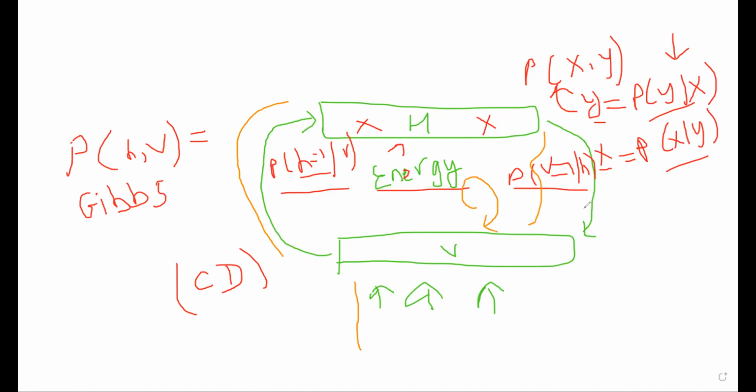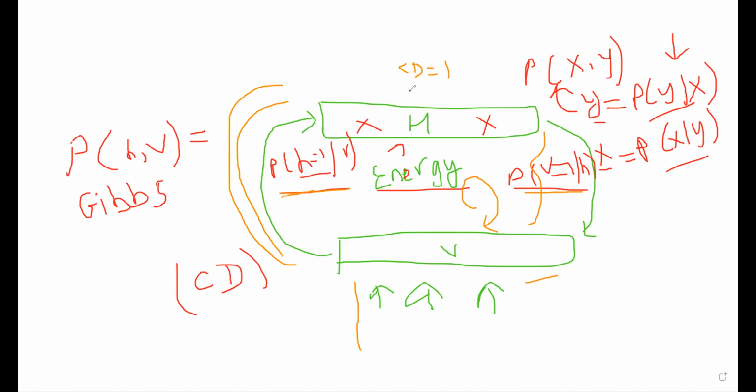Then I take the last sampling of the probability of H equals 1 given V, and that ends my iteration. Typically, the value of contrastive divergence which works very well is k equals 1. So I just need one loop: I send the data, sample from this distribution, then sample from this distribution, and then sample from this distribution again, and that is it.